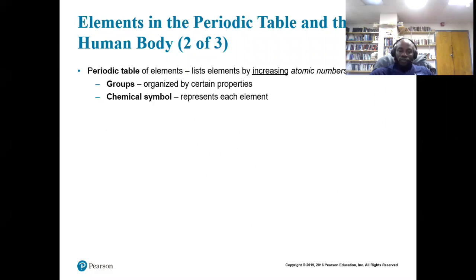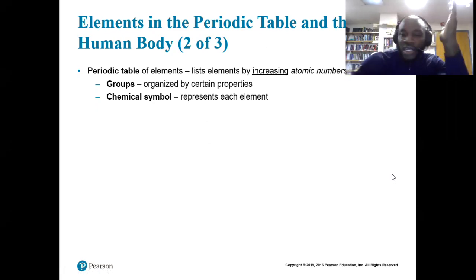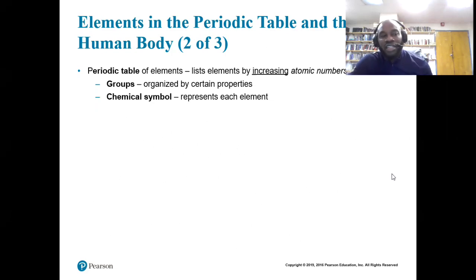So we group those into what we call a periodic table of elements, and I'm going to show you that diagram soon, and hopefully that'll make more sense. But the periodic table is basically a listing. We start with number 1, hydrogen, number 2, helium, and 3, 4, 5, 6, all the way down based on the number of protons in the nucleus.